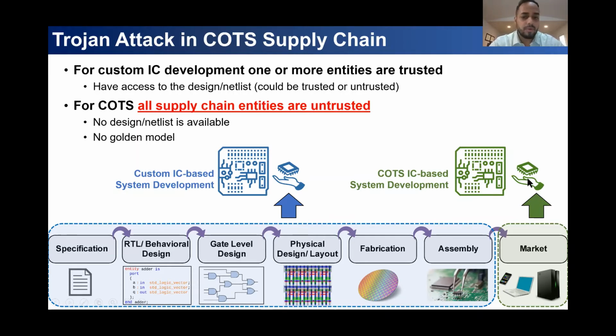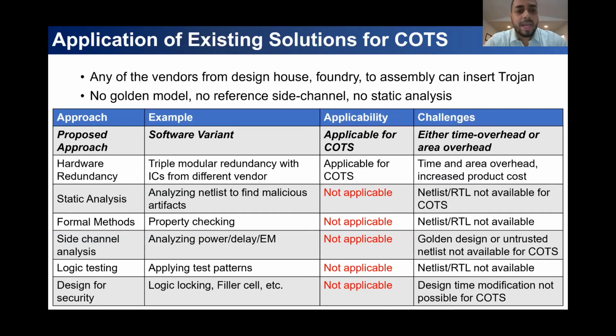There could be a hardware Trojan inside, and you do not have any design or any golden model to perform any existing verification technique. So this is a very challenging problem, and right now there are very few solutions that could be applied in this scenario. So let's look at the existing solutions and why they are not applicable to COTS.